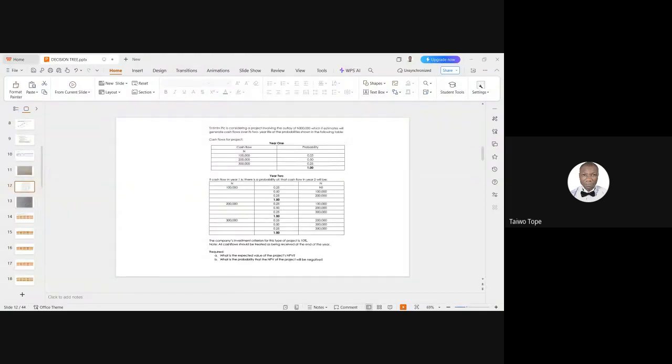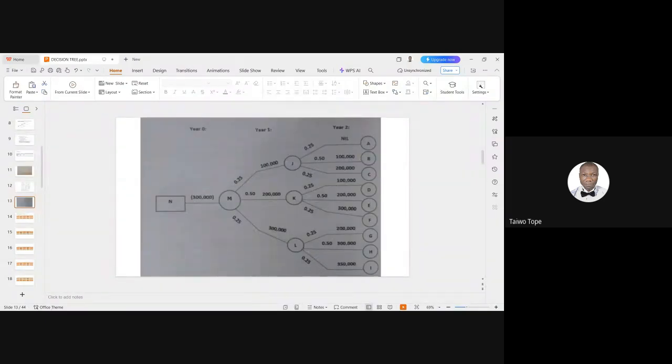It means the knowledge is cumulative. One topic is a prerequisite to another. So you cannot skip one topic, especially for SFM. It's not possible. So now, to solve this, this is how your decision tree is supposed to look.